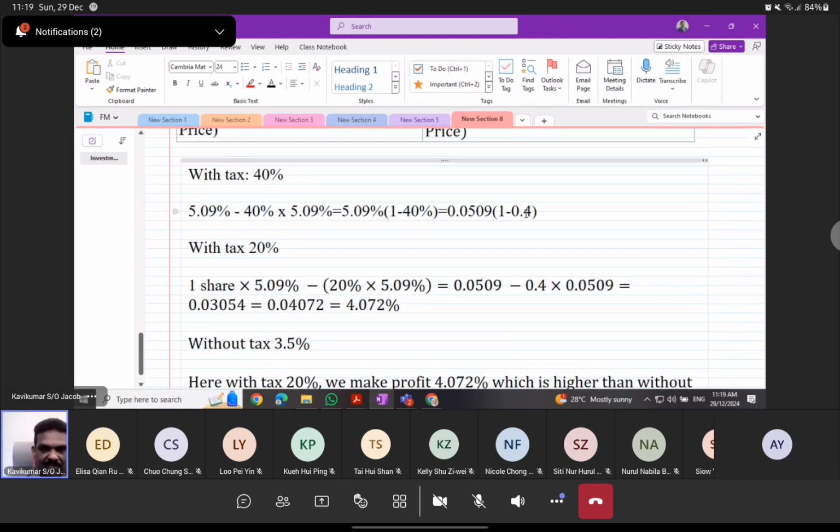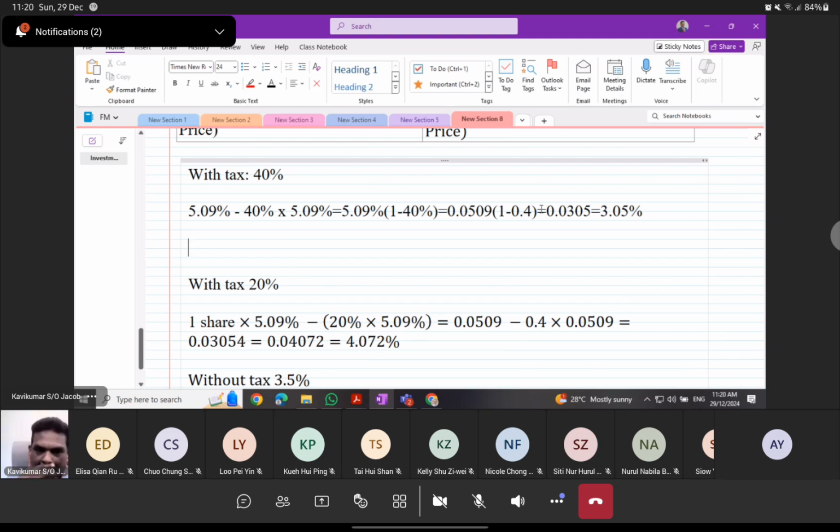But for the 40%, this is actually 0.0305, which is 3.05%.